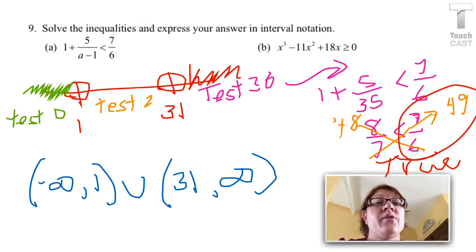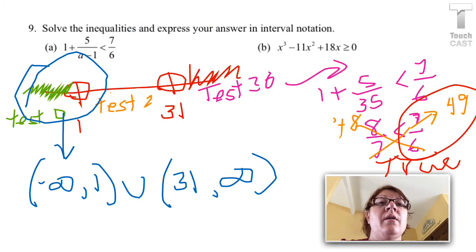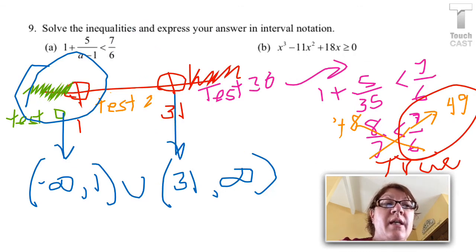And then writing my picture in interval notation, this side goes from -infinity to 1, open circle, so I use a parentheses. It's an or because they're not attached, and then this side starts at 31 open and goes all the way to +infinity. See you in the next video, kids!